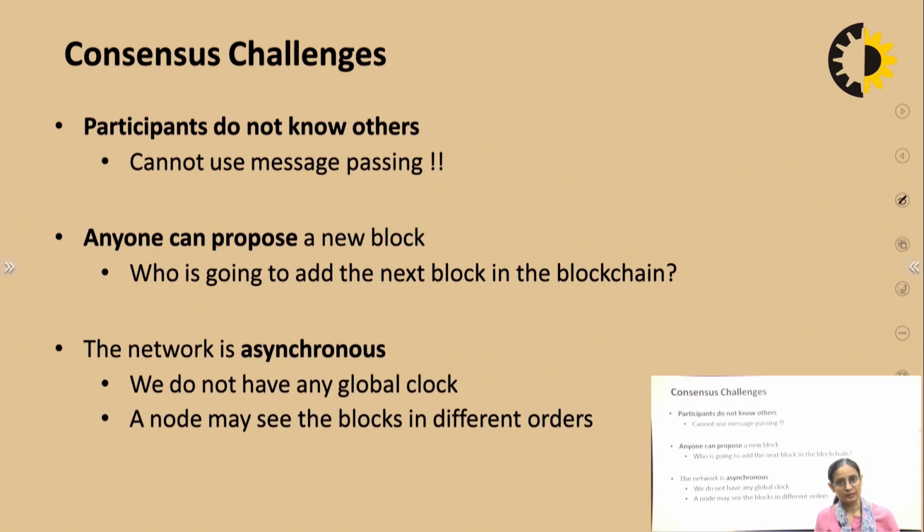Since there is no trust factor, and moreover this particular node is not aware to whom it is being connected, it cannot use message passing on them. Also, all these peers are working in an anonymous environment. Since there is anonymity in the blockchain, message passing cannot be done here.